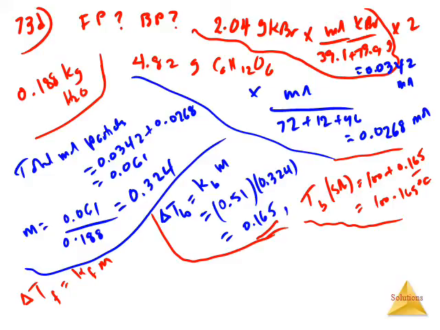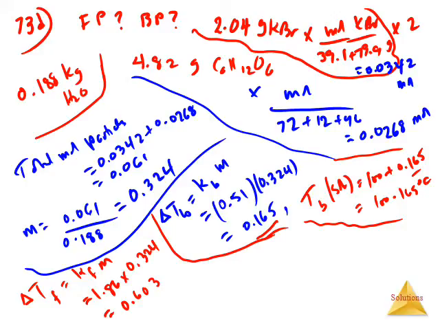So 1.86 times the molality, which is 0.324, equals 0.603. Make sure you double check my calculation. So freezing point would be depressed by 0.603 degrees centigrade.